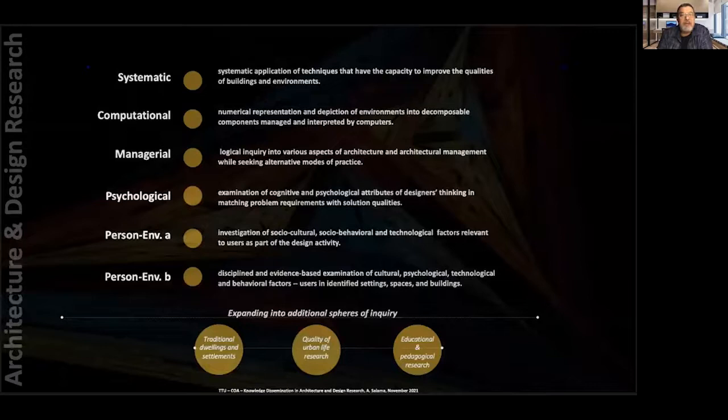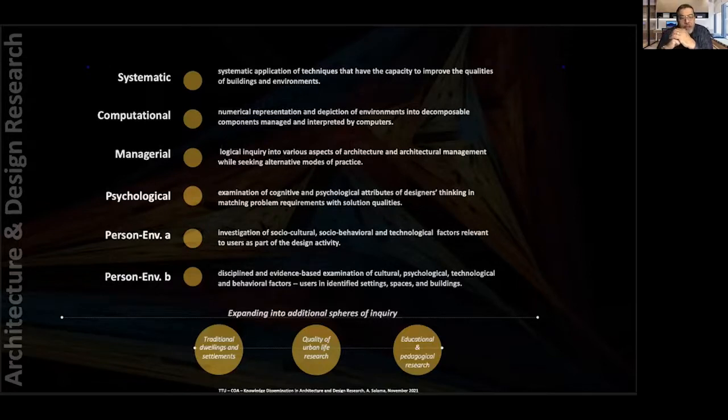I will basically try to skip it, but the technically oriented research is basically constituted in systematic research, computational research, managerial research. When we say managerial research, it is basically about logical inquiry into various aspects of the architecture profession, the practice itself, trying to look for alternative practices.